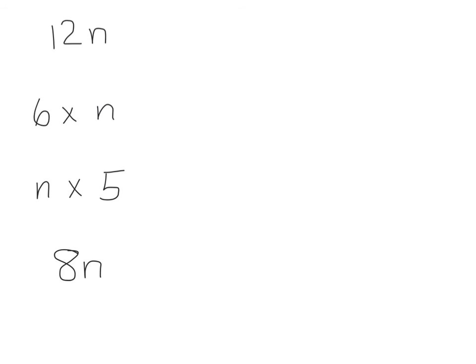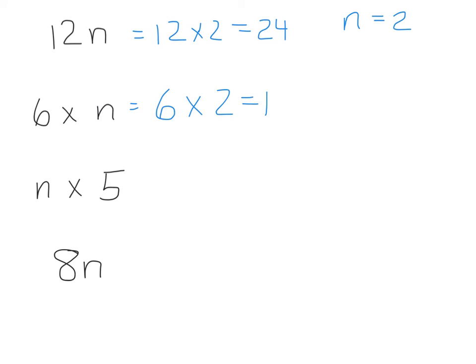Evaluate these algebraic expressions when n has a value of 2. Pause the video while you write them down. In the first one, remember 12n means 12 times n. In this case, replace the n with 2, so 12 times 2 is 24. In the second one, we replace the n with 2 again, so 6 times 2 is 12.